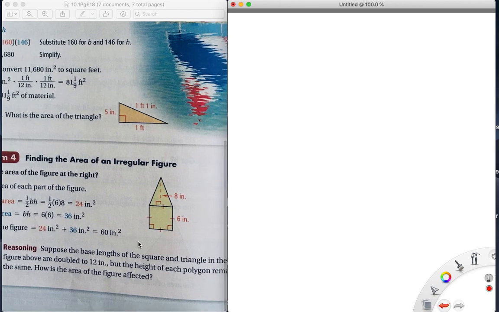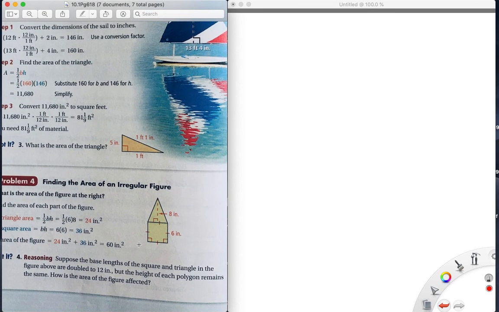For question number 4, they tell us that we have the base of the square and the triangle doubled to 12, but the heights of each polygon remain the same.